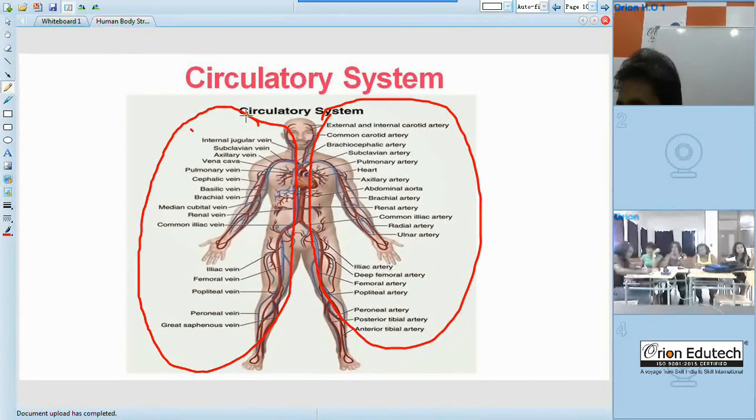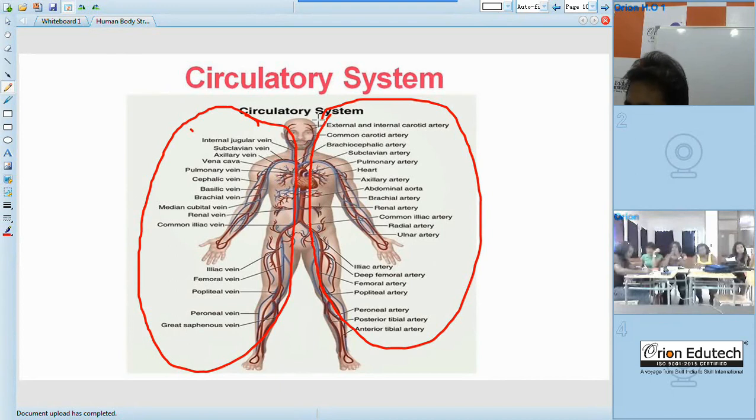The different veins present in our body are the jugular vein, subclavian vein, axillary vein, vena cava, pulmonary vein, cephalic vein, basilic vein, brachial vein, median cubital vein, renal vein, common iliac vein, femoral vein, popliteal vein, peroneal vein, and great saphenous vein.